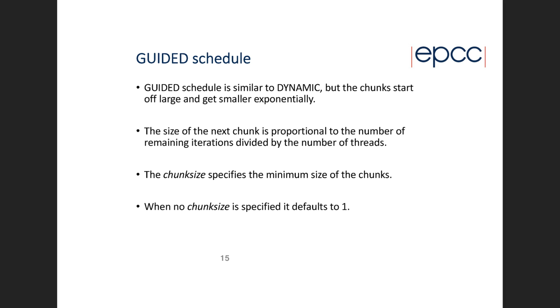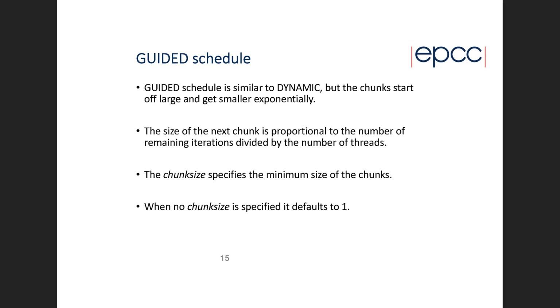Next option is guided. This is similar to dynamic in the sense that it's also a first come, first served method. But instead of having all the chunks the same size, the chunks start off large and get exponentially smaller towards the end of the loop.